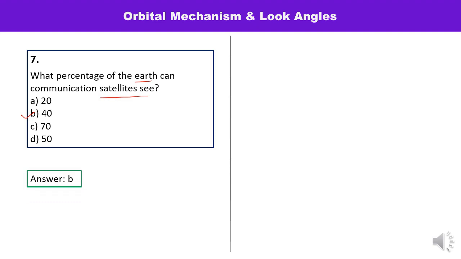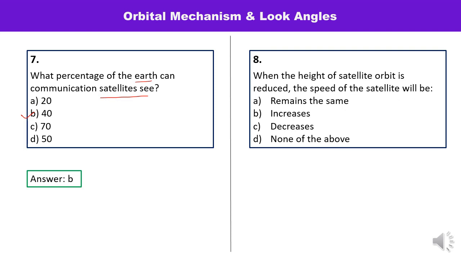Next question is, when the height of a satellite orbit is reduced, the speed of satellite will be. Meaning when you are reducing the height of the satellite, what would be the impact on the speed of satellite? If the height is less, speed will be high. So at this particular point, speed will increase. This is the correct answer.